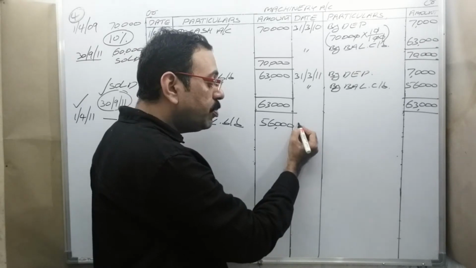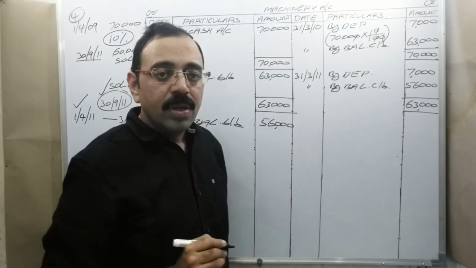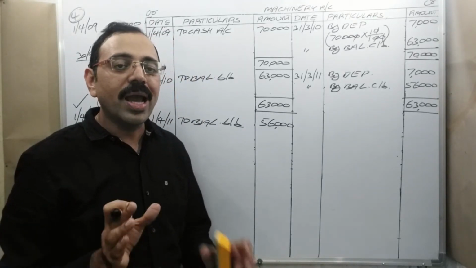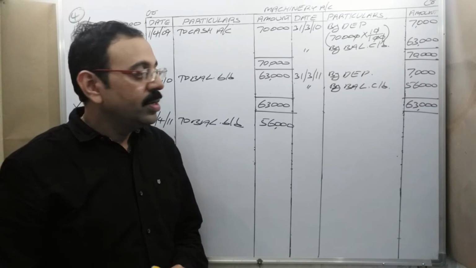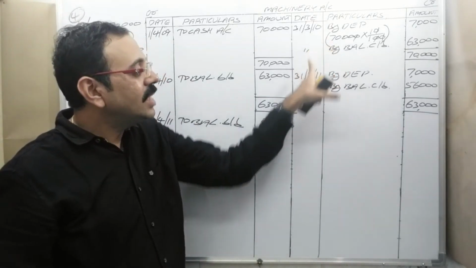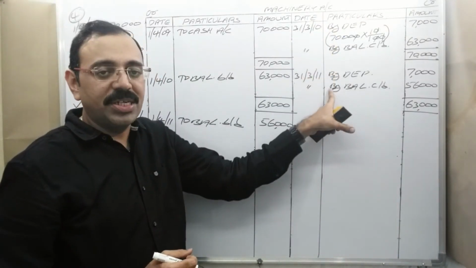And what should be the depreciation date here? Always remember, when an asset is sold, up to that date only we should calculate the depreciation. In previous years, what happened? Since we didn't sell the asset, at the year end we calculated depreciation.